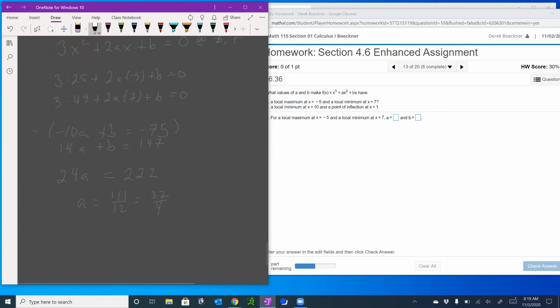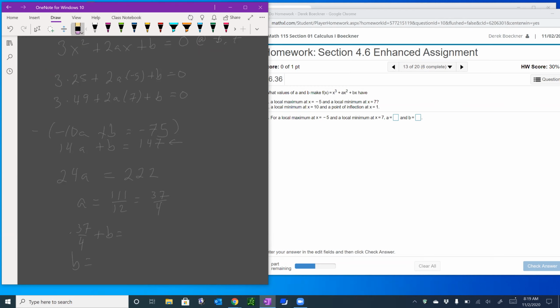So if that's 37 over 4, for B, which one's the simplest to solve for here? This one maybe? 14 times 37 over 4 plus B equals 147. Well, maybe that's not the easier one to work with. I like working with multiples of 10 better.